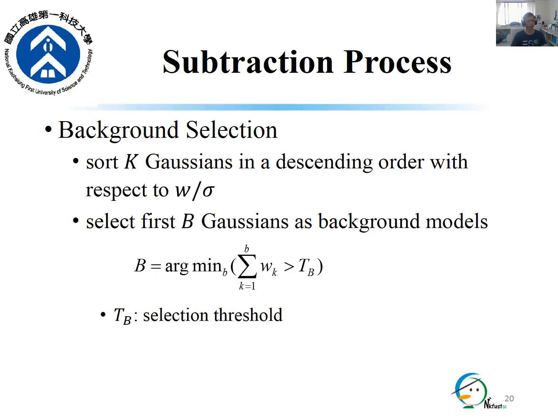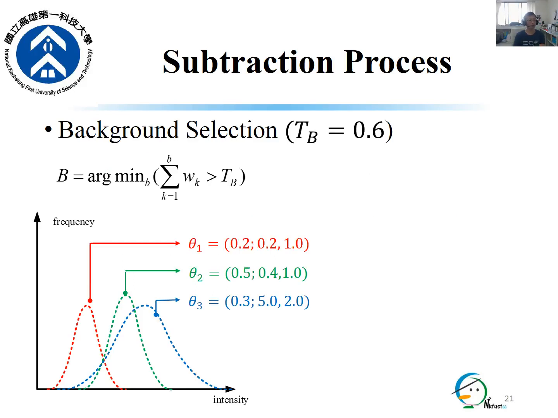Since the background intensities are the values that appear frequently, the background Gaussians should have high weight and low variance. Accordingly, we first sort the k Gaussians in descending order with respect to w over sigma. Then we select the first B Gaussians as background models, whose weight summation is just larger than a predefined threshold T sub B. For example, there are 3 Gaussians and T sub B is set to 0.6.